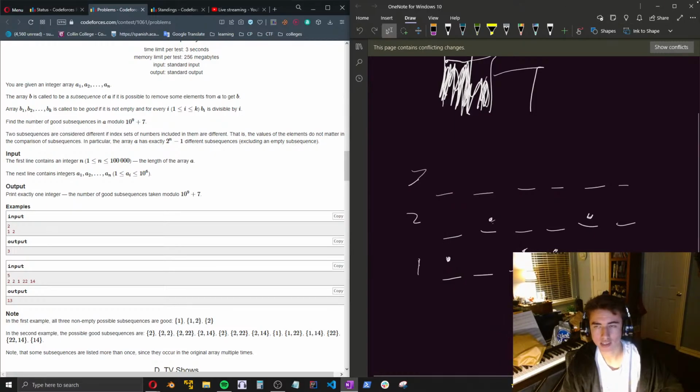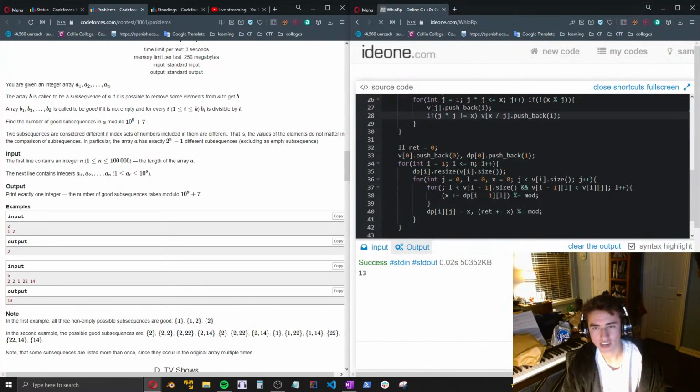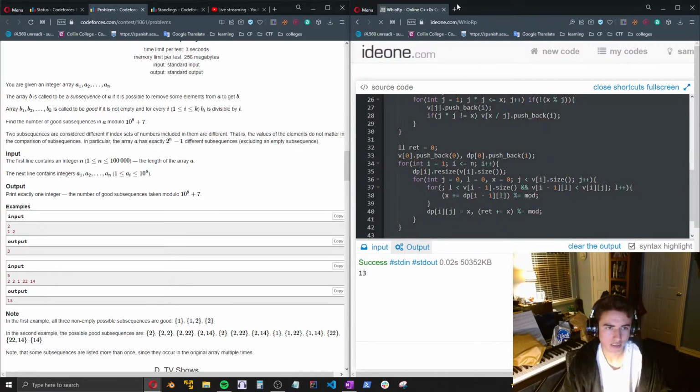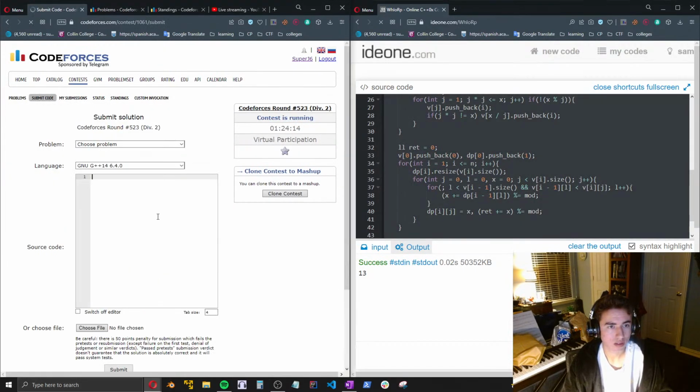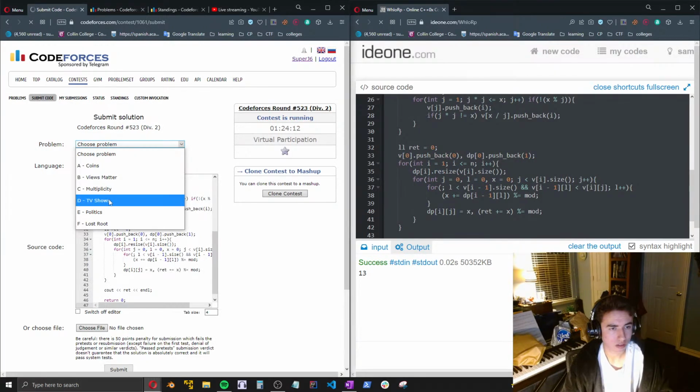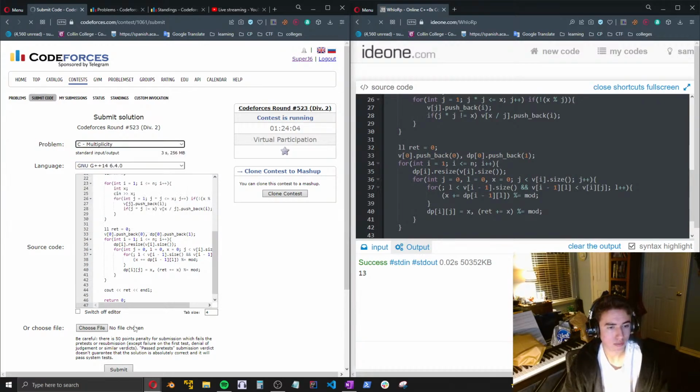Which is why the sum of the complexity will be the sum of the elements in each level, which, like I said earlier, should be around n cube root n, or rather n cube root of the max value. Anyway, let's see. Hopefully this works.